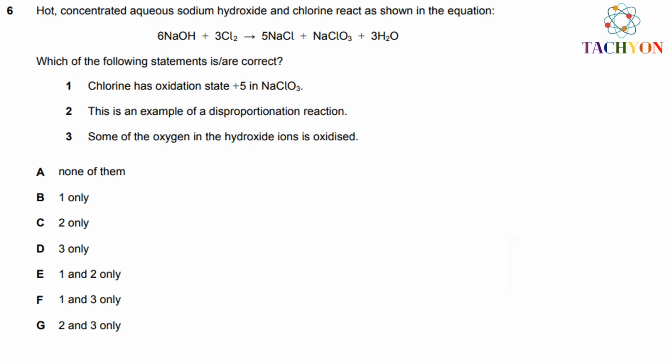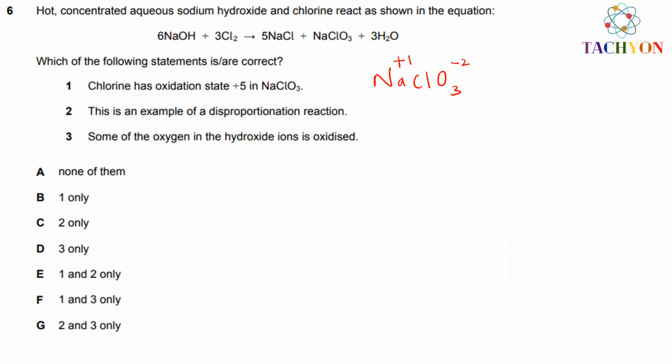Next question: concentrated aqueous sodium hydroxide and chlorine react as shown in the equation: 6NaOH plus 3Cl2 gives 5NaCl plus NaClO3 plus 3H2O. Which of the following statements are correct? Chlorine has an oxidation state of plus 5 in NaClO3. If you are considering NaClO3, Na is a metal, you know that its oxidation state is plus 1.